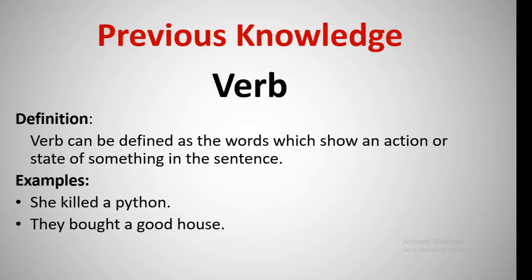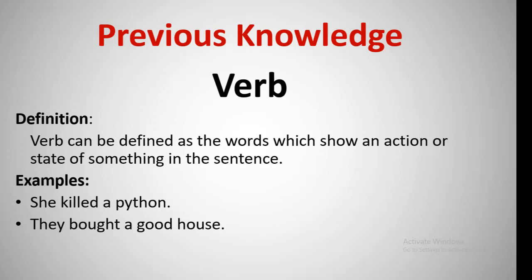Students, before we start our lesson, let us first revise some previous things. Let us first see the previous lessons which you have already learned in your previous classes. So, before we come to the topic of transitive and intransitive verbs, let us first see what a verb actually is.